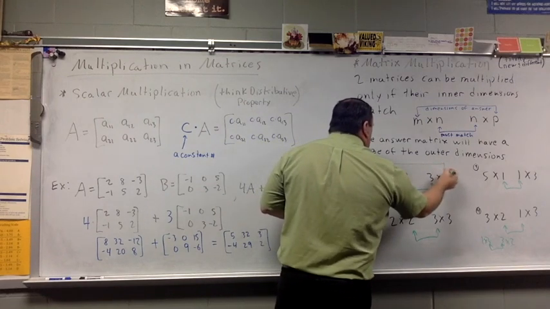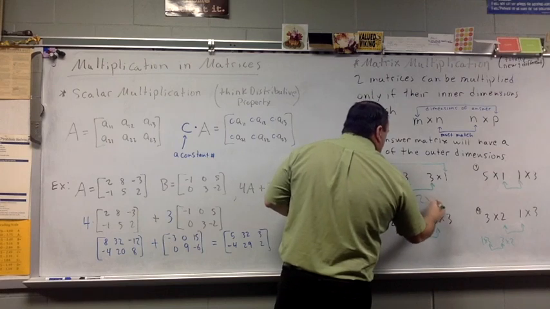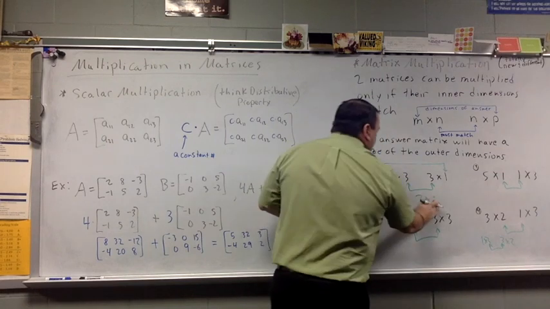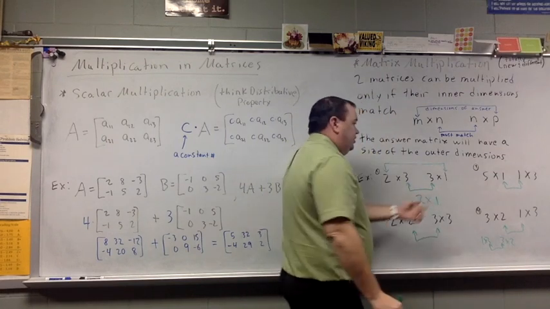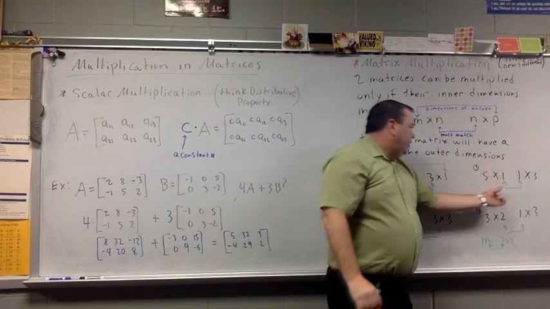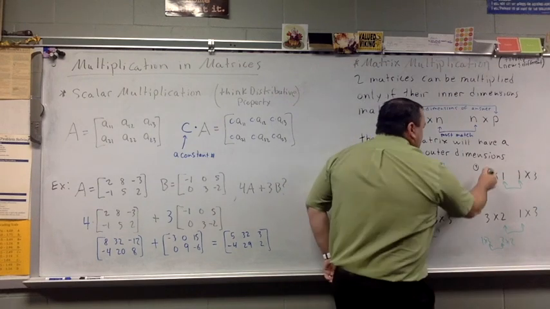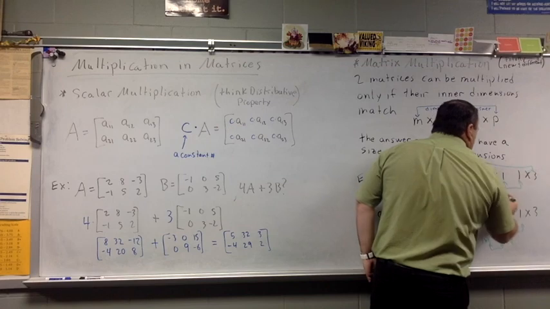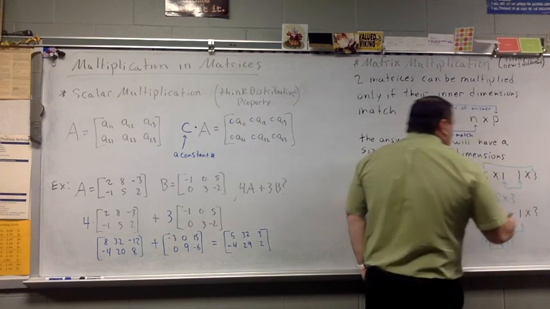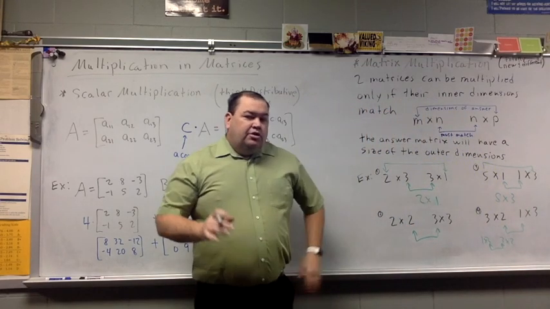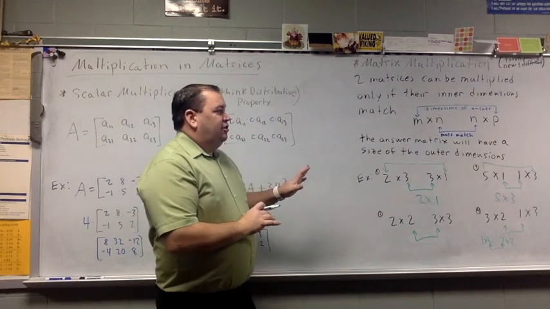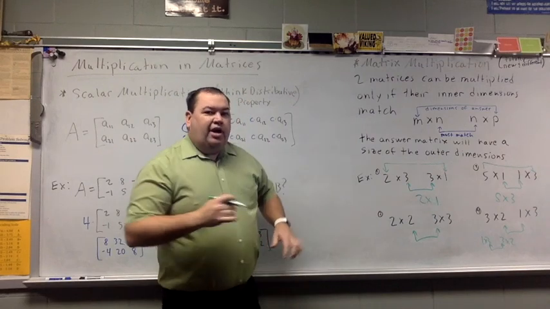My answer is going to be a 2 by 1. This other one that you said I could do, because the ones matched, the answer is going to be a 5 by 3.